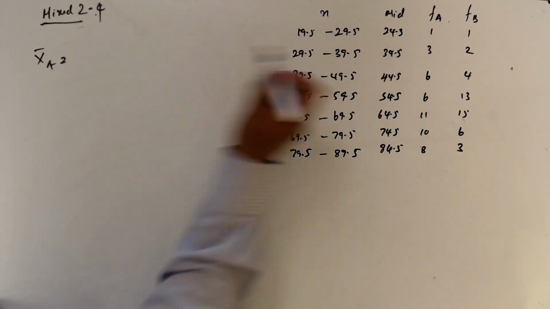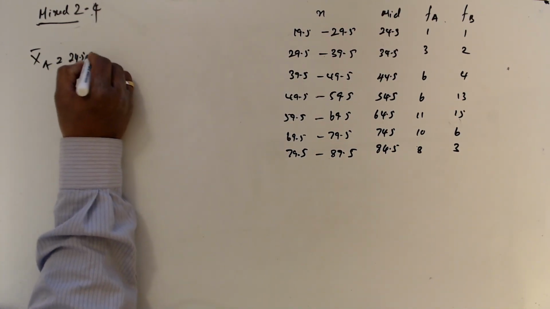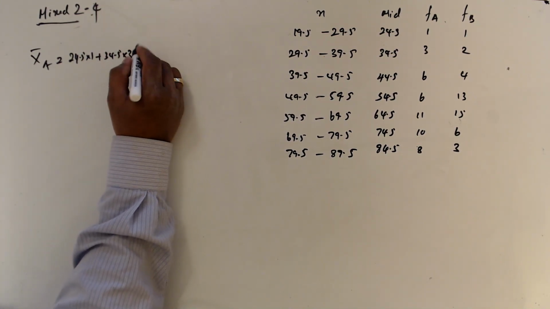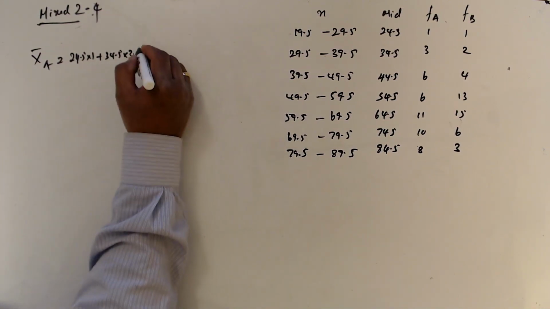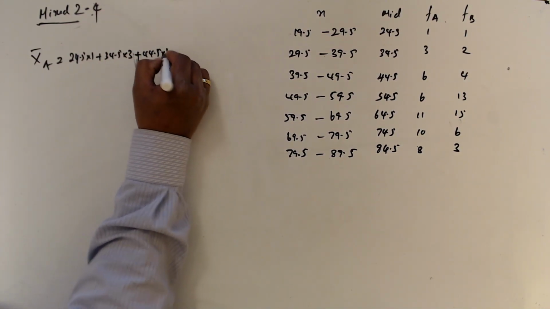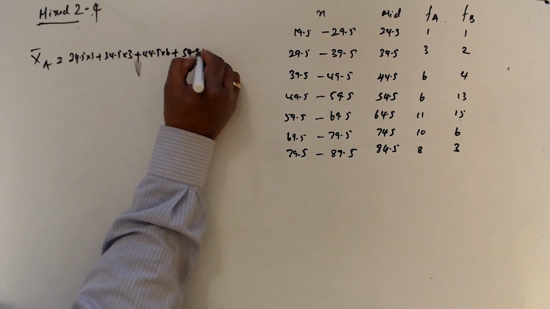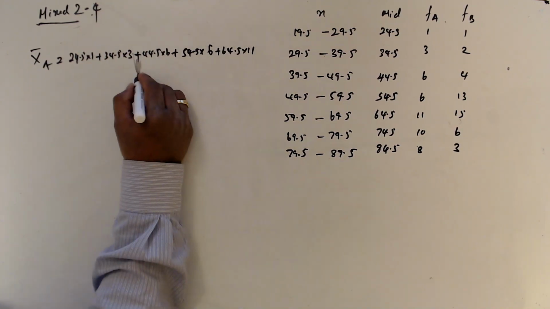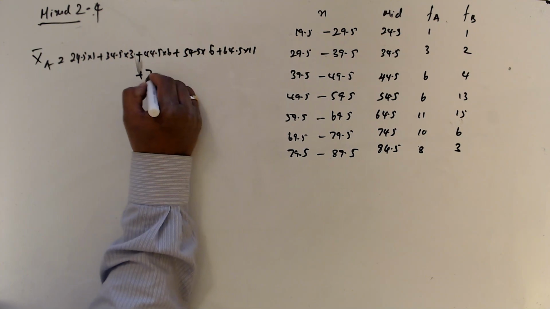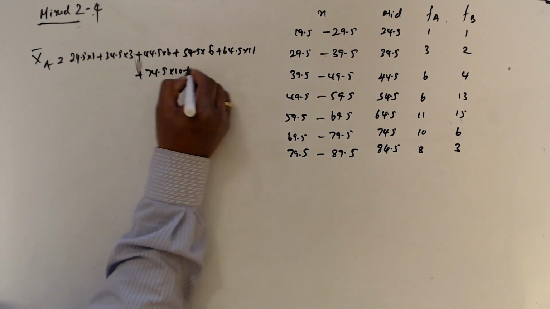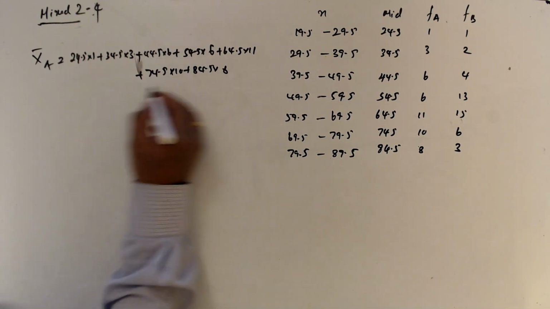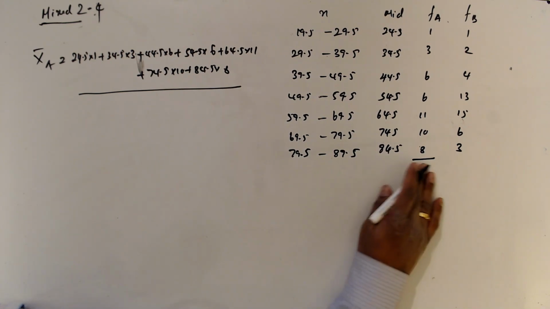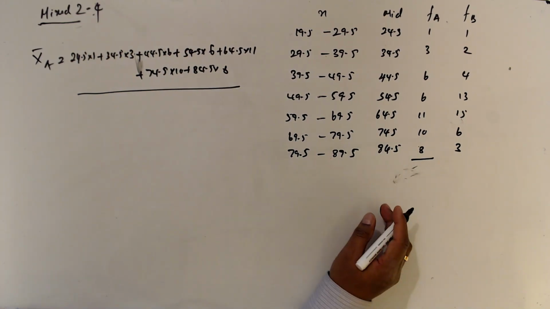Then we want to multiply 24.5 times 1 plus 34.5 times 3, plus 44.5 times 6 plus 54.5 times 6 plus 64.5 times 11 plus 74.5 times 10 plus 84.5 times 8, that all divided by the summation, the total of this one.